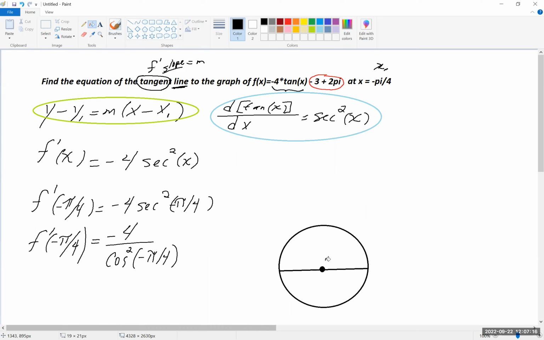So I have to remember where minus pi over 4 is, so that I can figure out what cosine is.